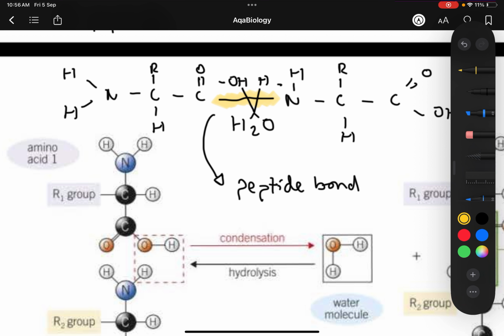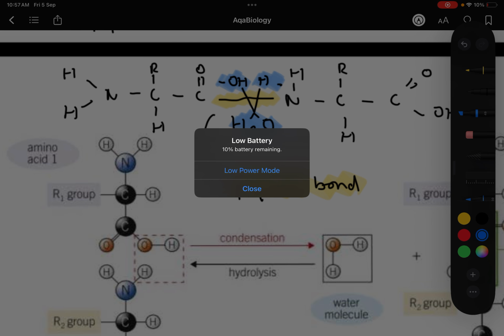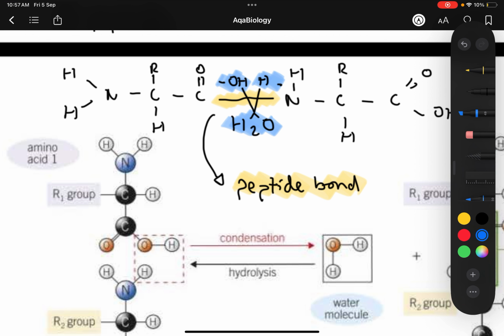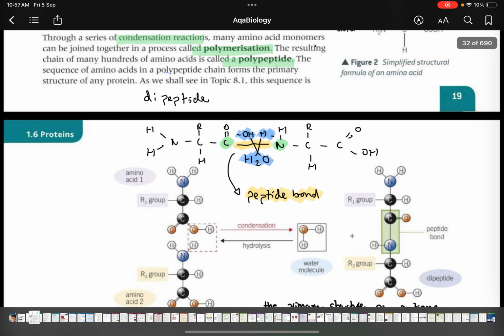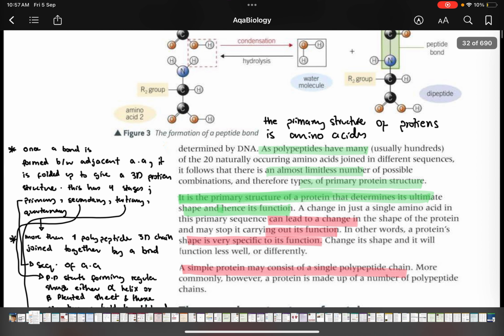The yellow, I think that I've highlighted in yellow, is my peptide bond. And then contrastingly, I have my OH and my H that forms that, and a bond is going to form between the C and the N that is called the peptide bond. Very, very cool. Okay, so they've drawn it here.